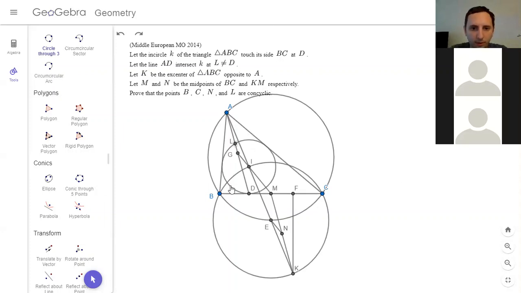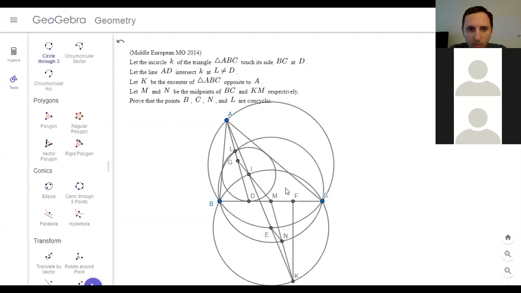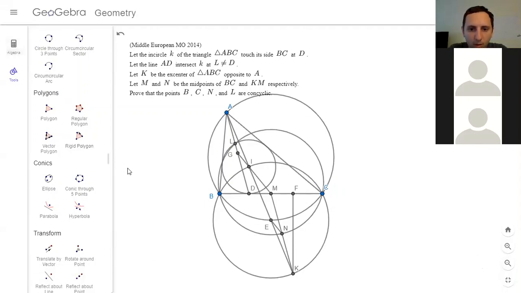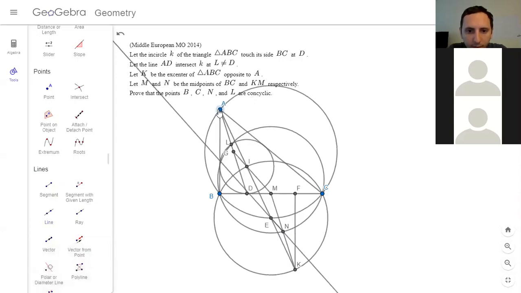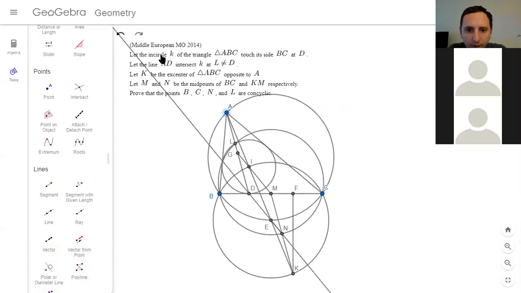Let me draw it again. So power of a point looks a little hard to apply here. Oh, are EN and D collinear? No, they're not.